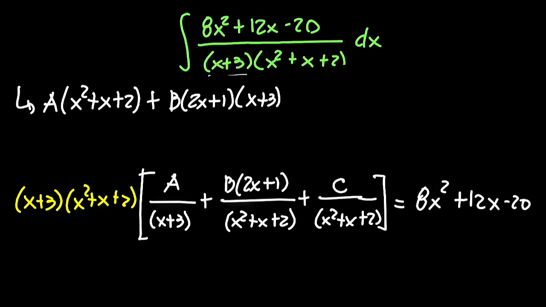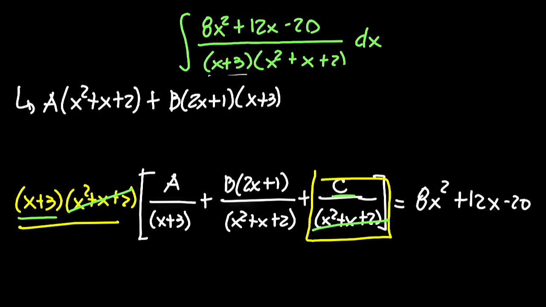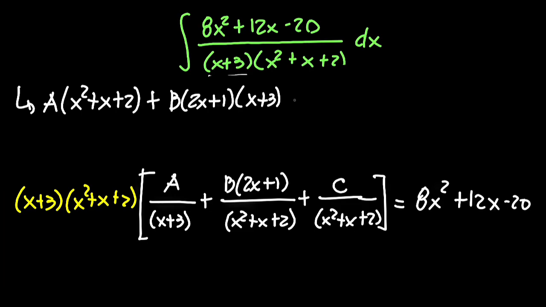And for the third part, which is C over x squared plus x plus 2 multiplied by this again, you can see that these two will cancel each other out, which leaves you with C multiplied by x plus 3. And just copy the rest here again.